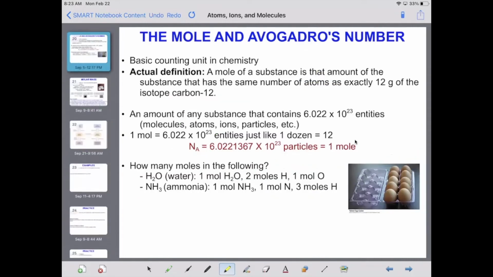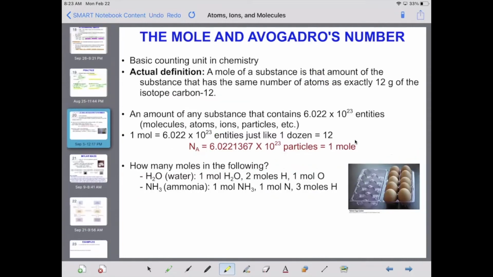So at this point, I'm going to introduce you to the idea of the mole and the idea of Avogadro's number. The mole is a basic counting unit in chemistry. The actual definition is that a mole of a substance is the amount of that substance that has the same number of atoms as exactly 12 grams of the isotope carbon-12.